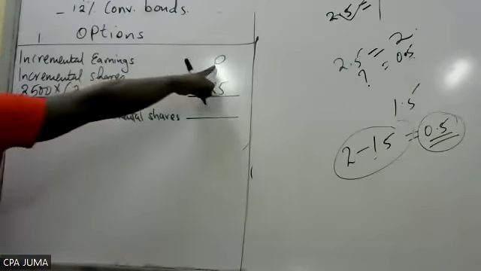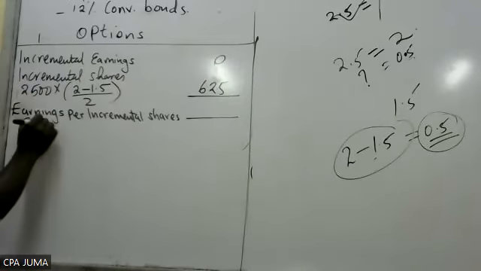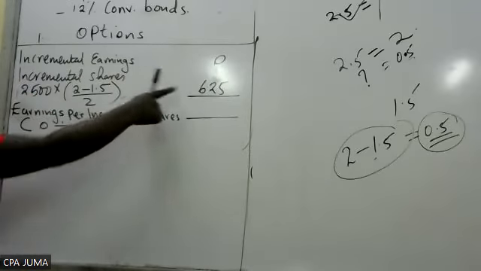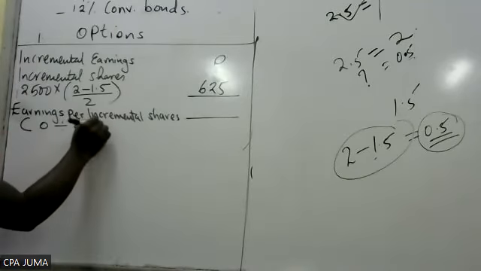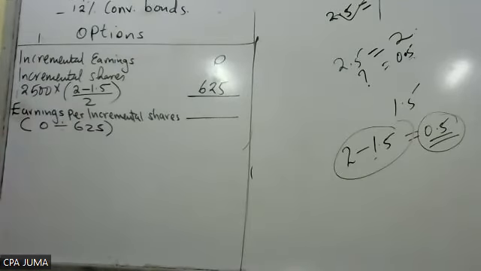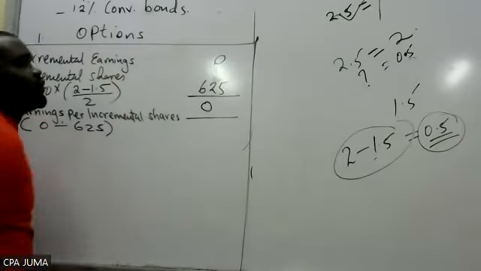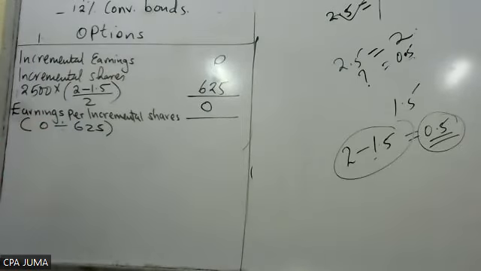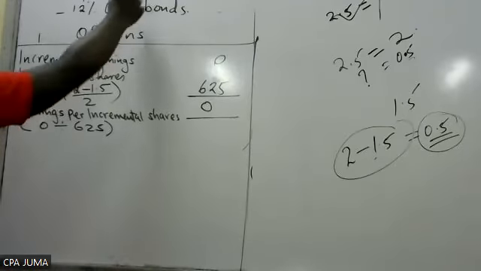So you take the earnings, 0, divided by incremental shares, 625. So 0 divided by 625 is 0. So up there 0, out there 0. So that analysis is fine. We go to number 2.